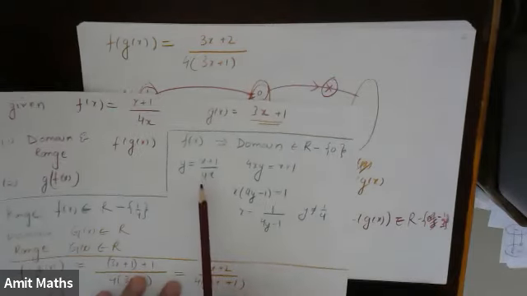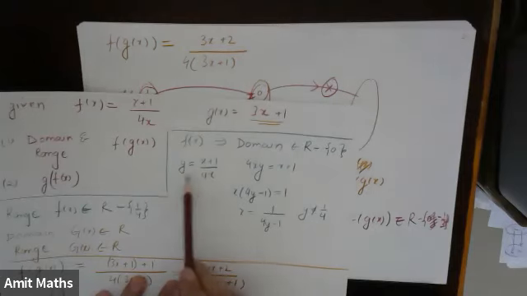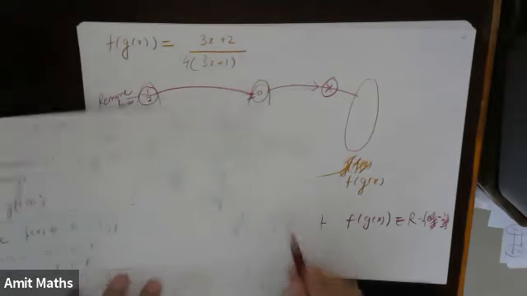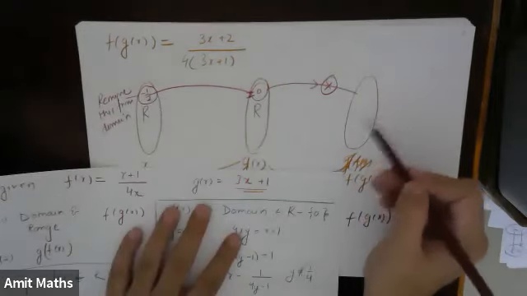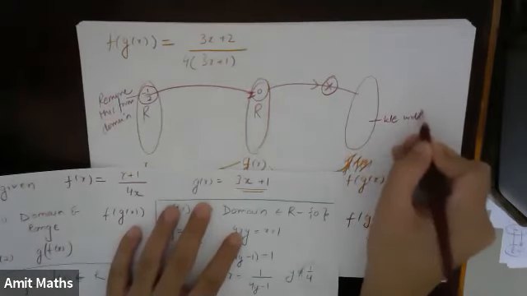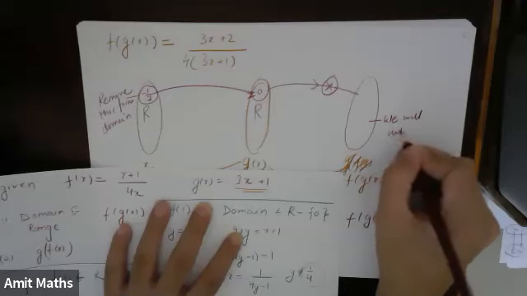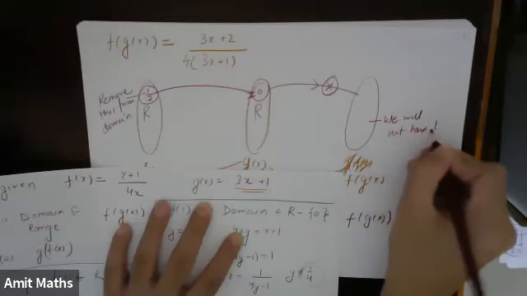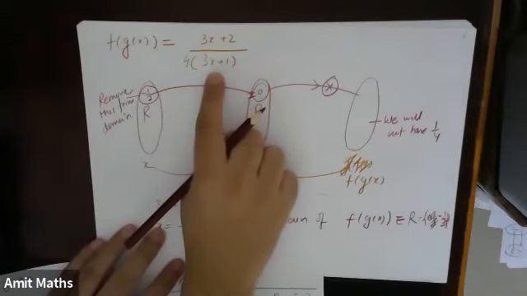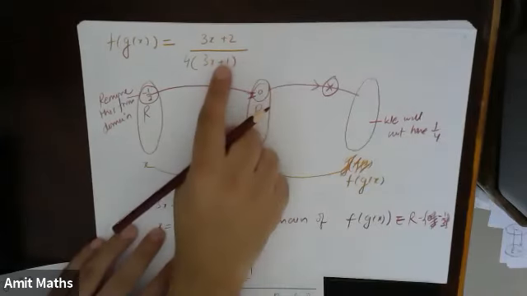Now also from here we were getting that the range of f of x will not contain minus 1 by 4. That means here we will not have 1 by 4. So let's check from this part also if we will have 1 by 4 or not.